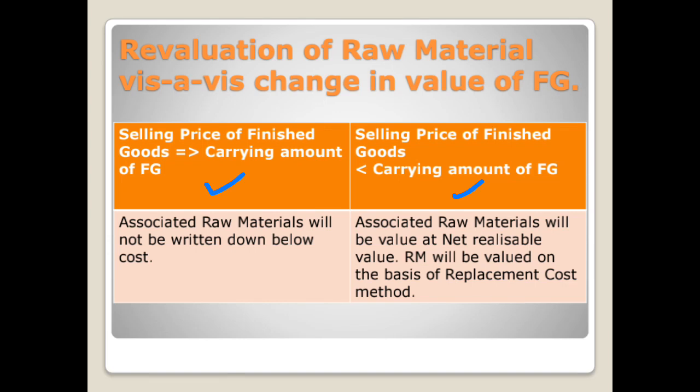The situation where the cost is higher than the selling price, we have to realize the FG at NRV. But what will happen to the raw material used in making those inventories? We have to value those raw materials at the replacement cost basis or the NRV. But in case where the selling price is higher than the carrying amount, in that case, associated raw materials will not be written down below cost.